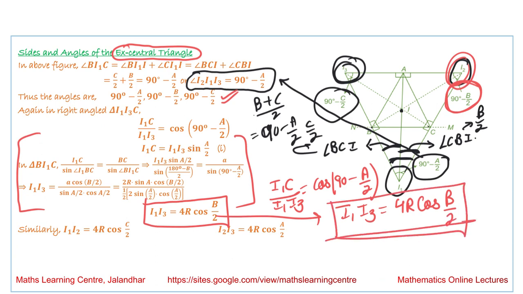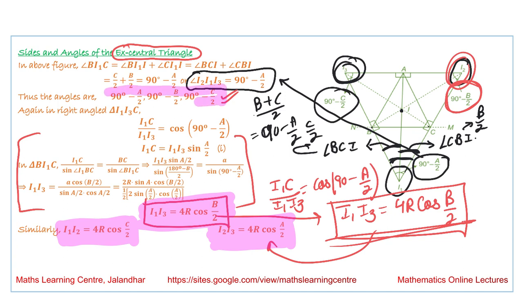This is basically the length of the side of the excentral triangle. And similarly the lengths of the other sides: I1I2 is equal to 4r cos C by 2, and I2I3 is equal to 4r cos A by 2. So these are the three sides of the excentral triangle, and these are the three angles of the excentral triangle.